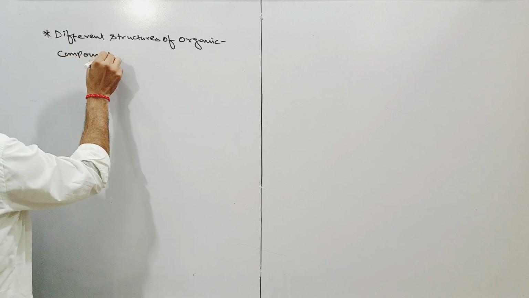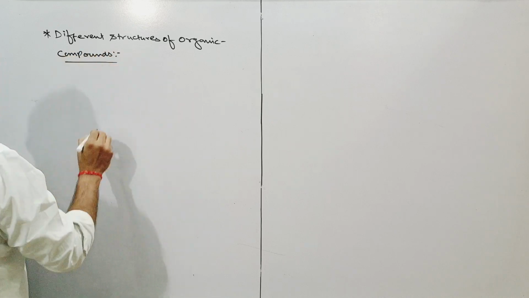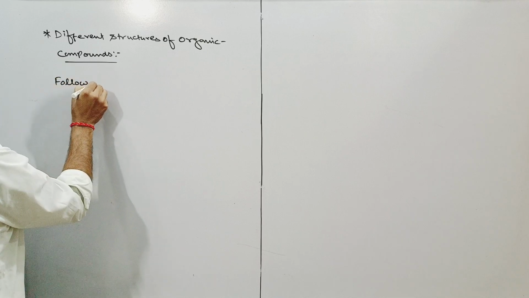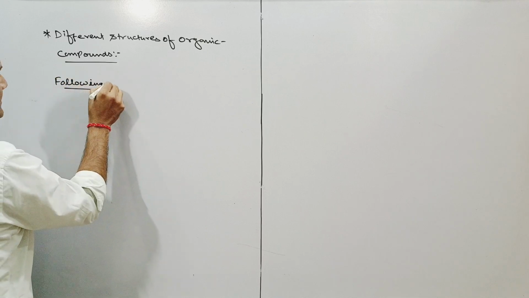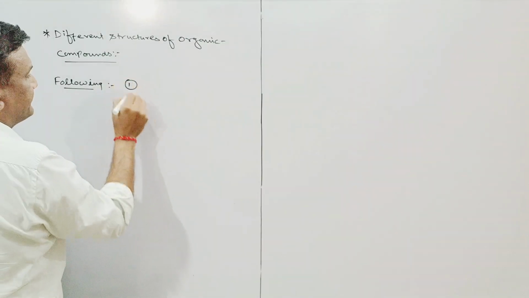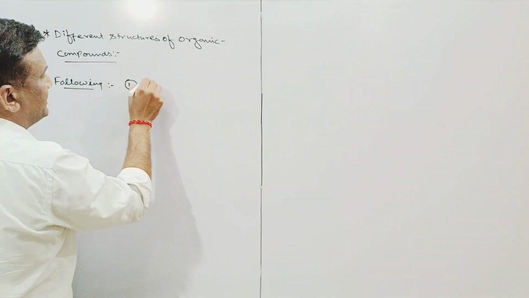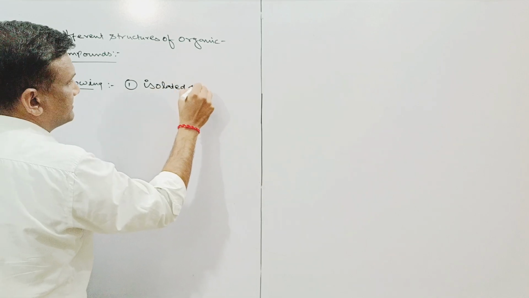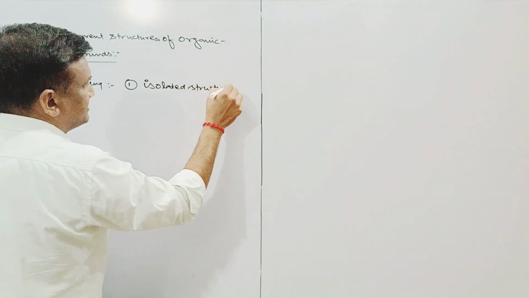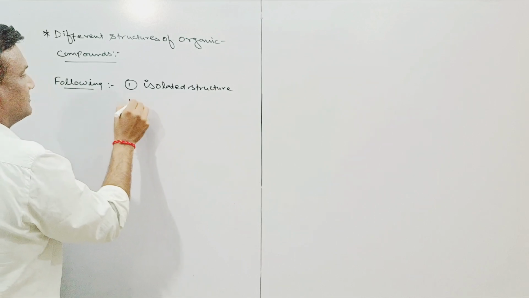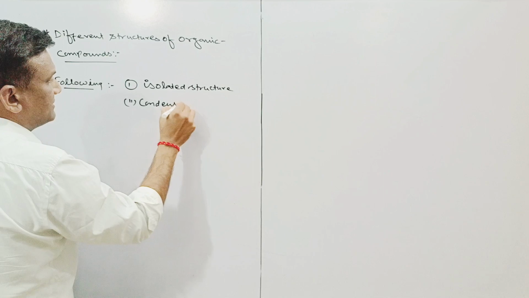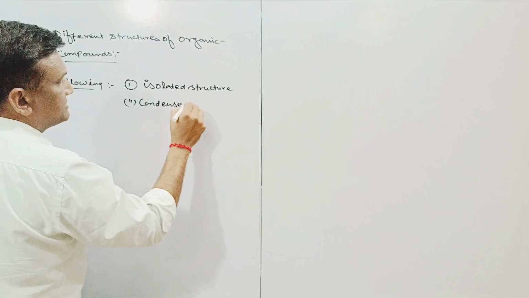If we go with the different structures of the organic compounds, then there are following kinds. First is isolated structure. Second is condensed structure.